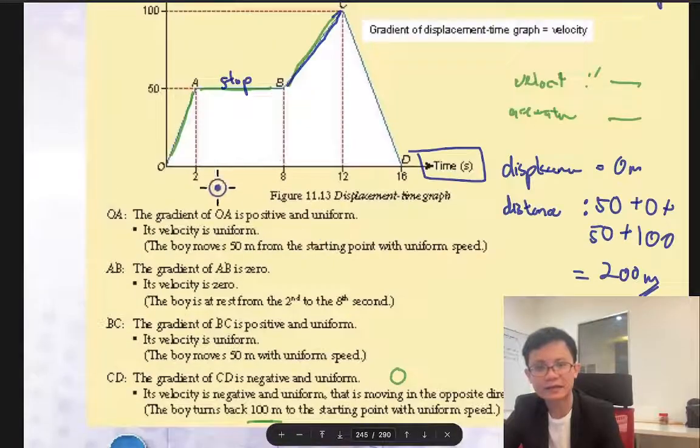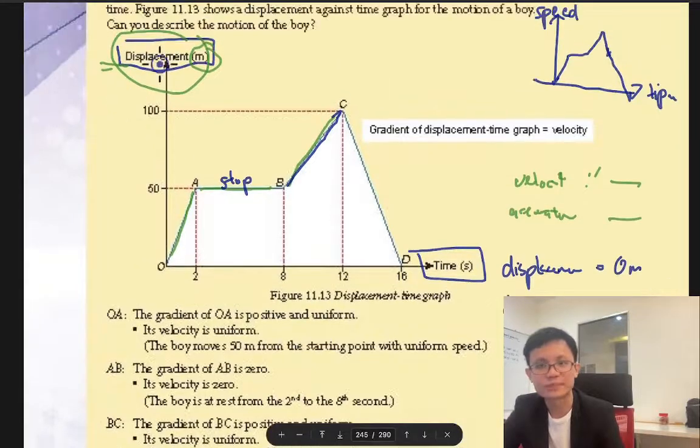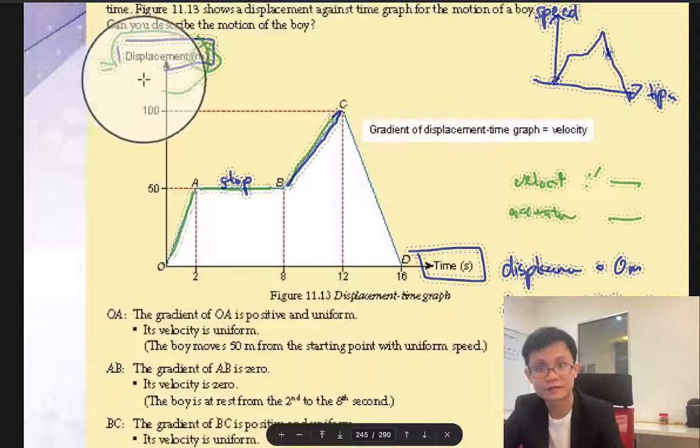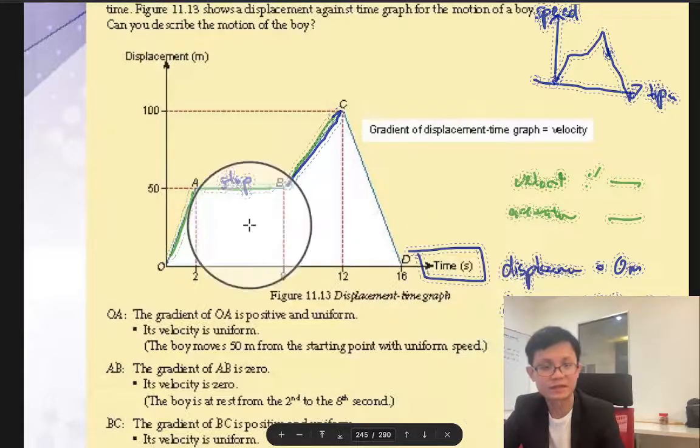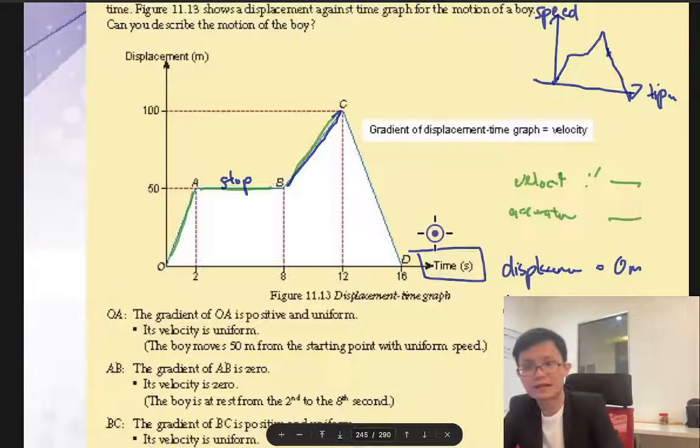Let's say I give back this same question, but I change this to speed. So if I change this to speed, I want this one, speed, and I put the unit meter per second. Let's say this is speed in meters per second.